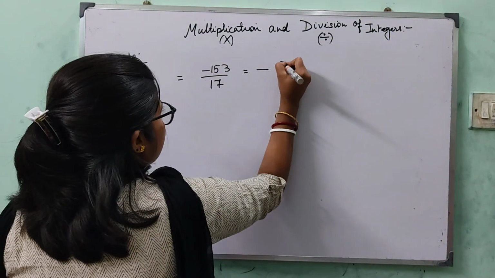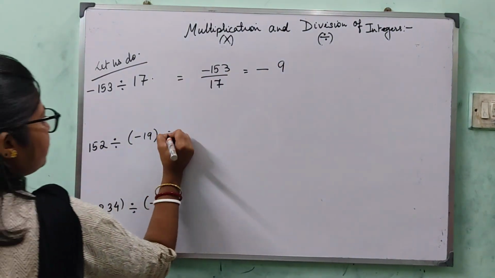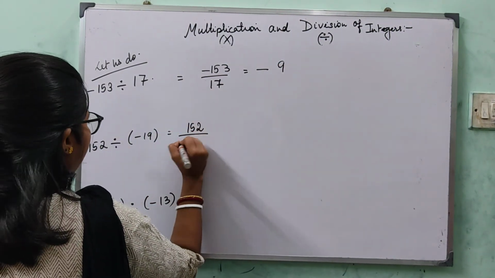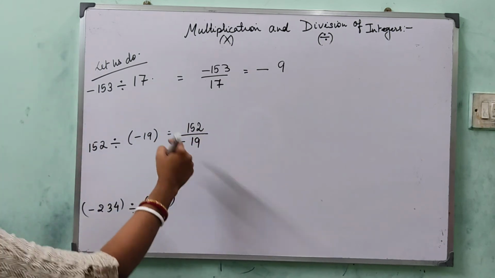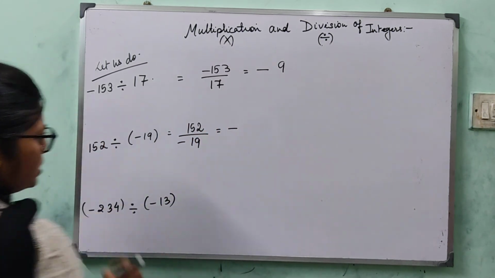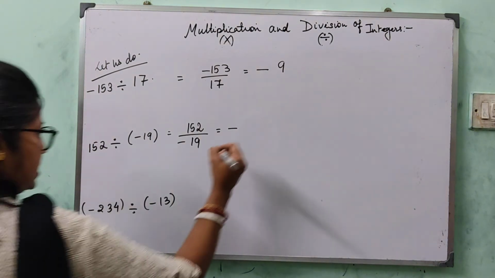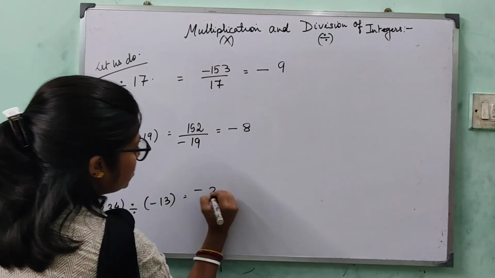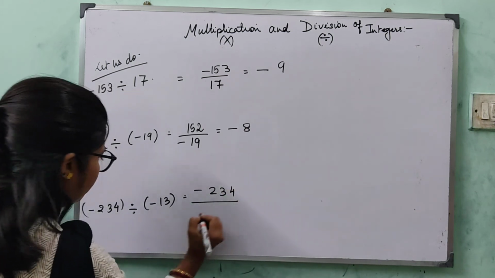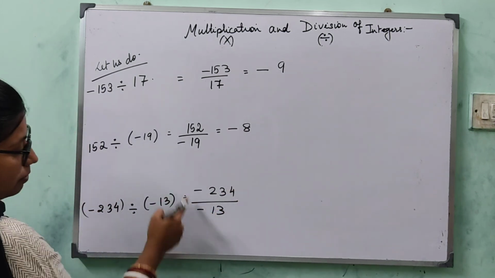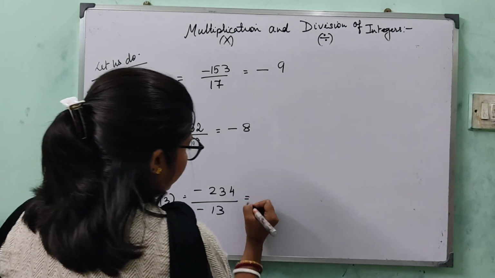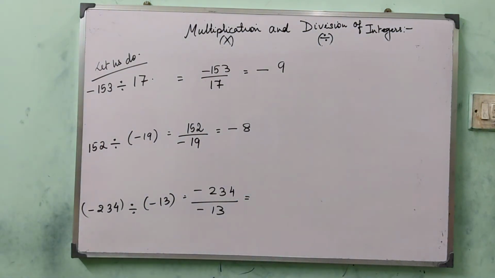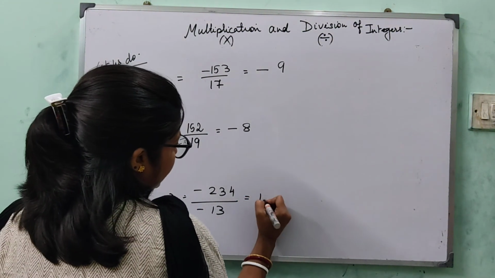So this is minus 9. Here 152 by minus 19, one positive, one negative, that means minus 8. Next, minus 234 divided by minus 13, both are having negative signs, so it will have a positive sign in the answer. So this is 18.